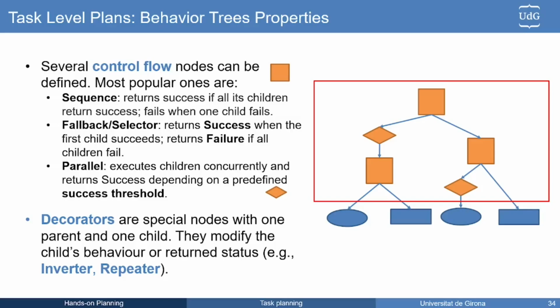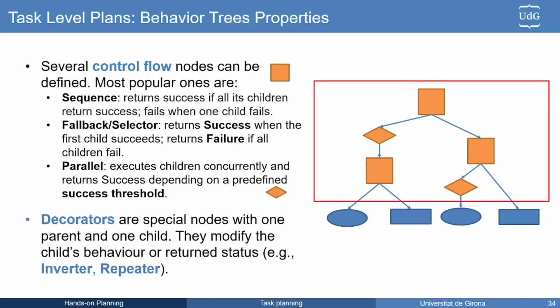If the condition is true, it will return success, and then the sequence will send the tick to the second child. If this action finalizes with a success, it will return the success to the sequence, and it will send the tick to the third child. Whenever this child returns success, the full sequence will return a success to whatever it has on top of it. Okay?